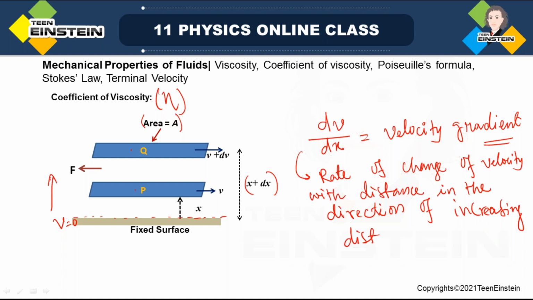That means this gradient is along this way, this dv/dx. This is the rate of change of velocity with distance in the direction of increasing distance. This is velocity gradient.